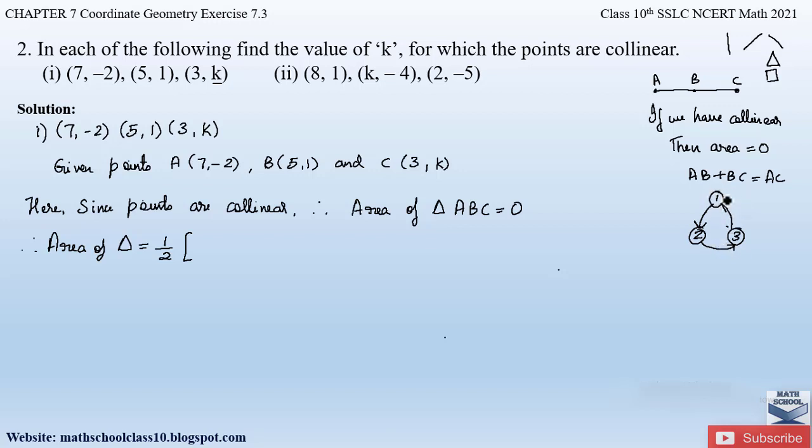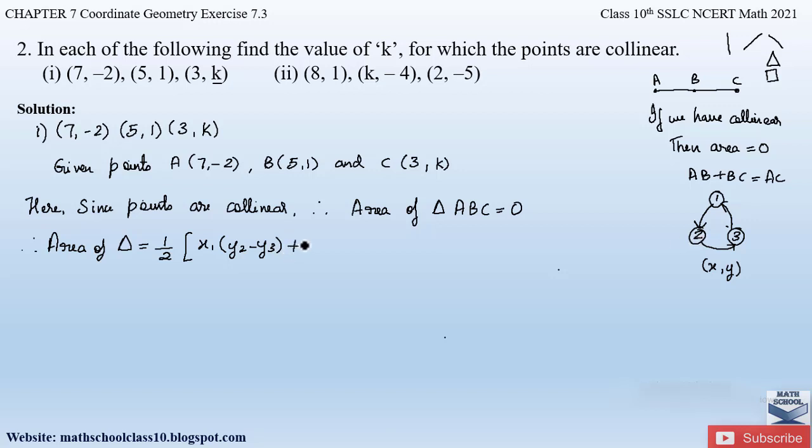Since a coordinate is formed by x, y, first we will take the x value, x1 into, in brackets, the y coordinate, that is y2 minus y3. Similarly, we will move to the next vertex, that is x2.